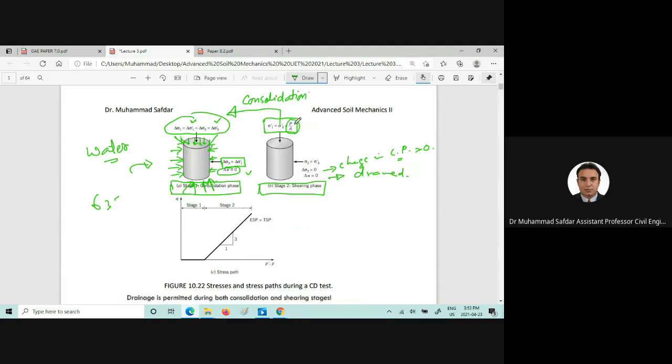Now the actuator is moving with a certain strain rate in percentage, per minute or per hour, something like that. So that should be the unit. The force per unit area will give us sigma D, the deviator stress.